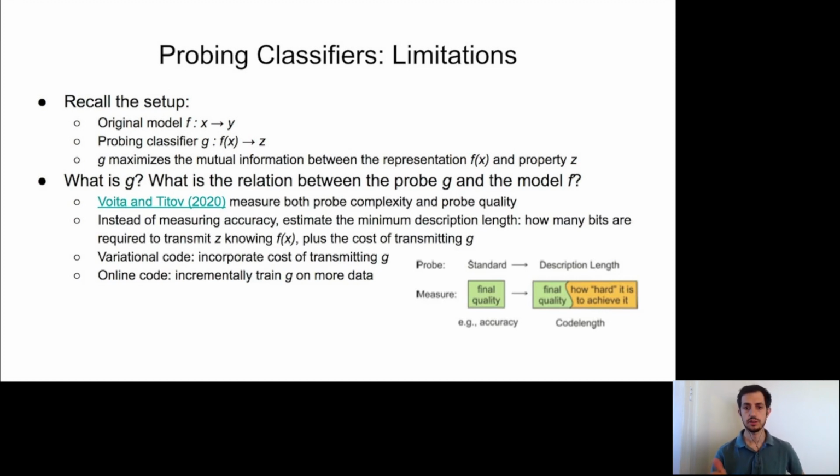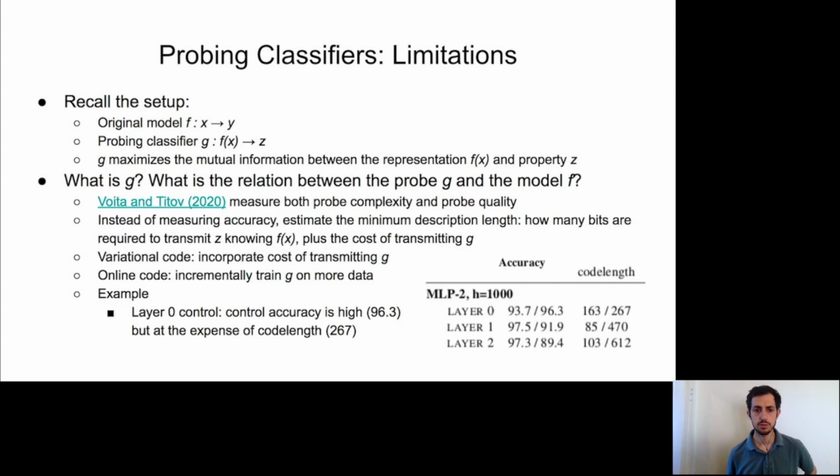The idea is that you don't just look at the quality of the probe, you look at both the quality and how hard it was to achieve this quality. And they offer a couple of different ways to estimate this minimum description length.